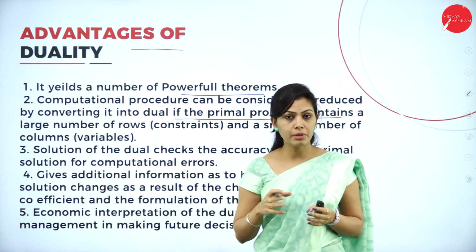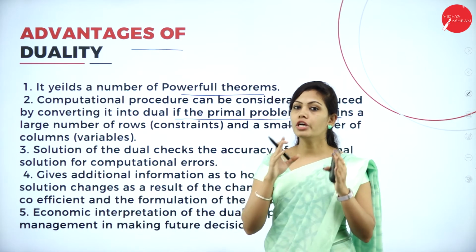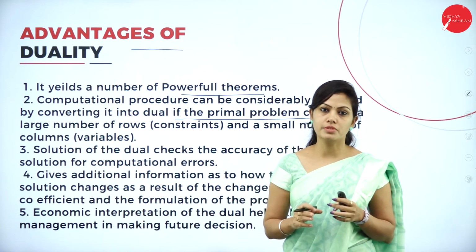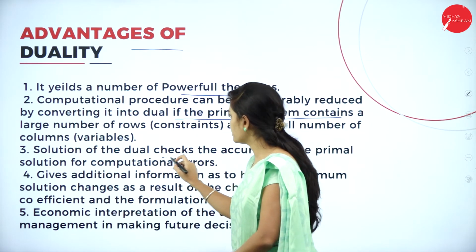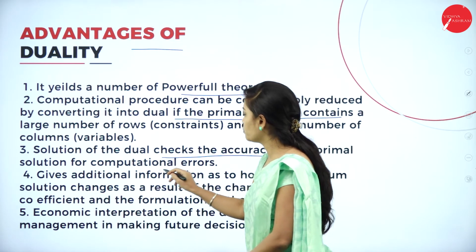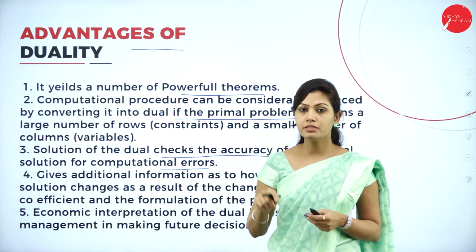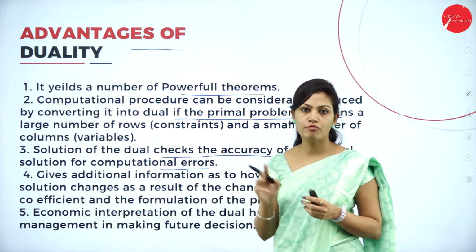If your primal problem has a large number of rows, we can convert it into a smaller number of columns in the dual method. And the solution of the dual checks the accuracy of the primal solution for computational errors.